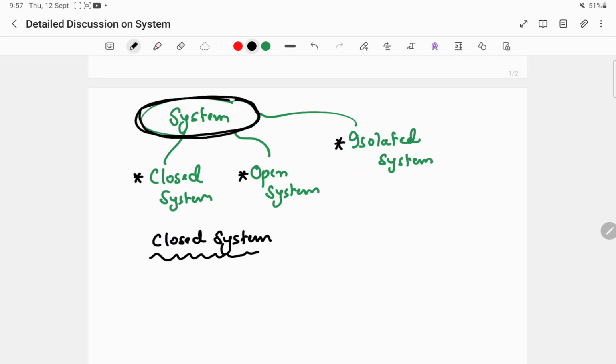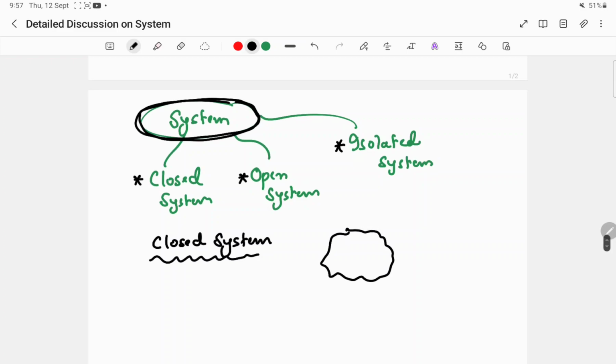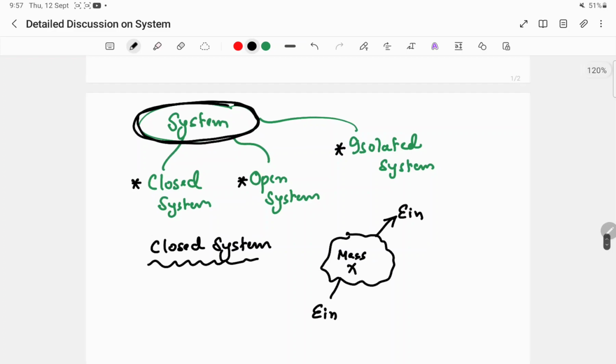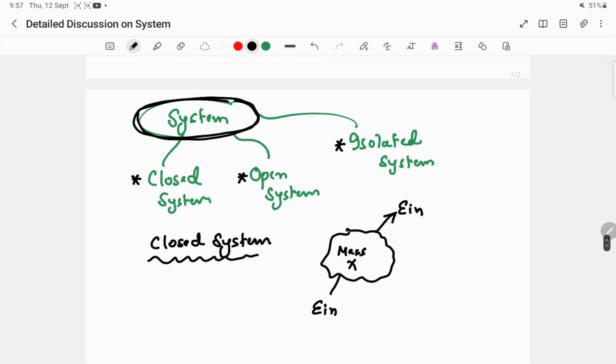Let's suppose this is our closed system. In a closed system, there is energy in and energy out, that is, energy transfer is possible, but mass transfer is not possible. Whatever the mass is there, it will stay inside that container. Let's say your piston cylinder arrangement without valve.